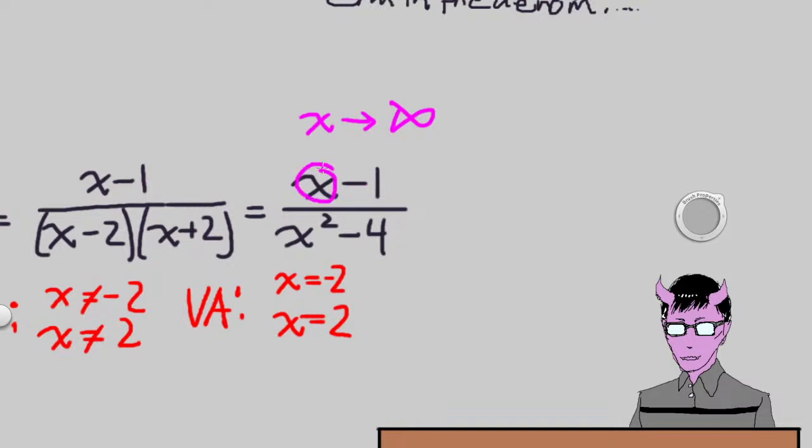So this x variable, as it gets larger and larger, will quote-unquote outgrow this negative 1. So the only thing we care about in the numerator is just the x. And on the bottom, square functions outgrow constants, hands down. So the most important term on the bottom is just x squared.